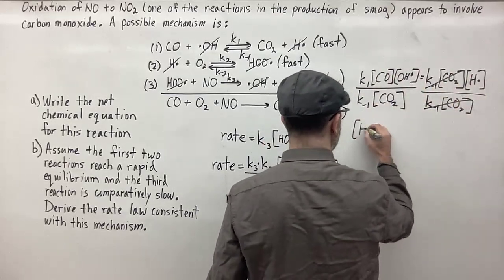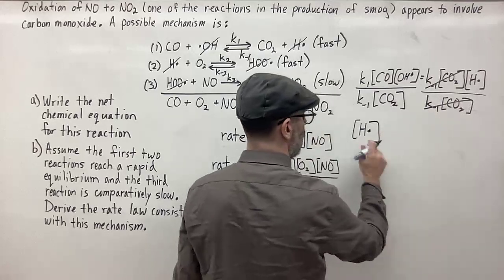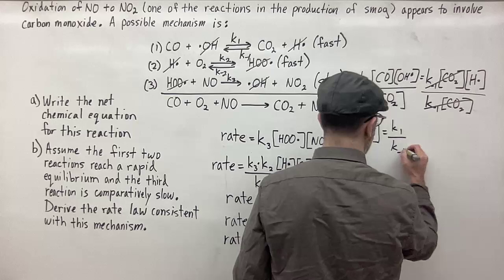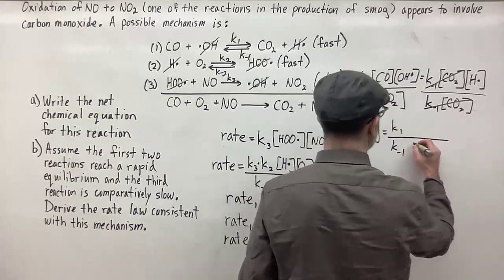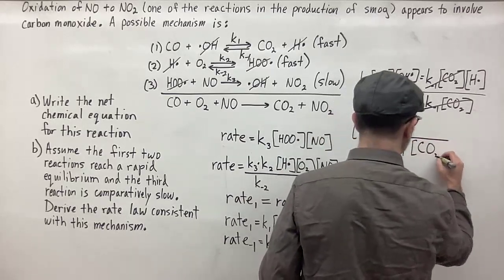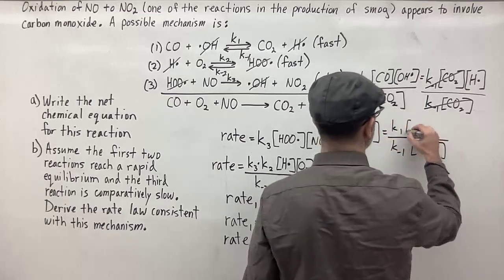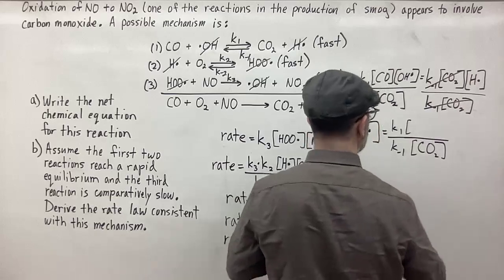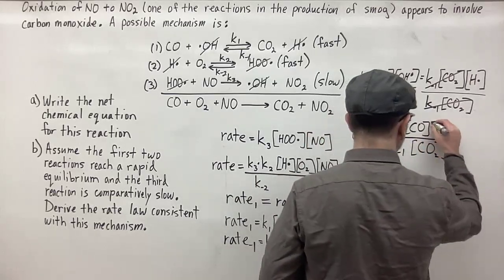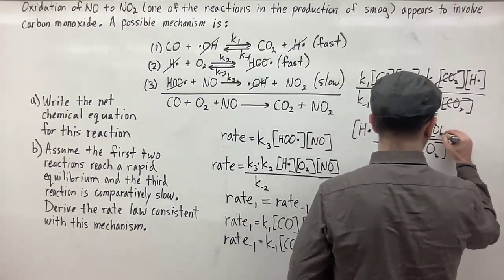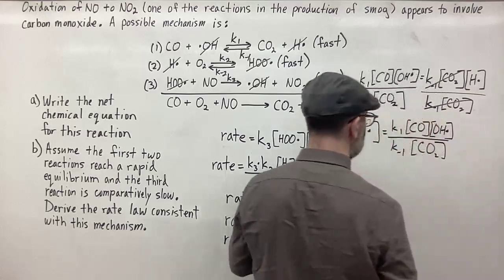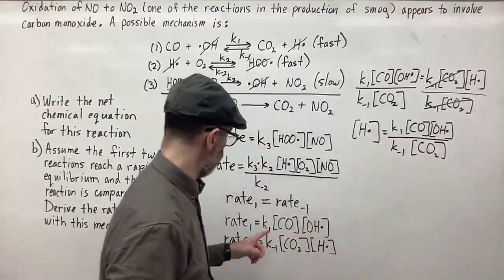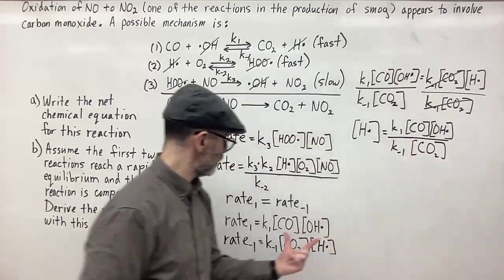So the concentration of the H radical is going to be equal to K1 over K minus 1, CO2 on the bottom, CO concentration on top, and then OH radical.